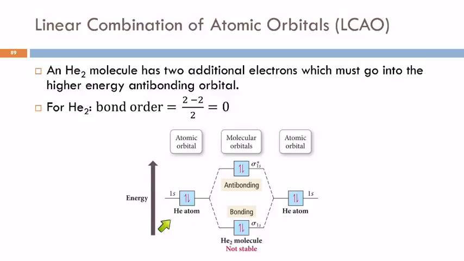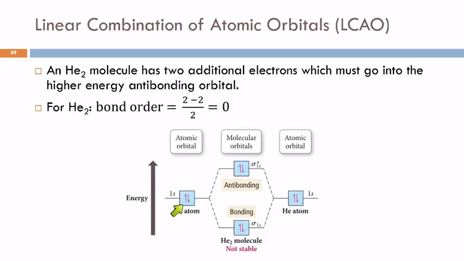So here's the helium atom. Its valence electrons are 2 valence electrons in the 1s orbital. And here's the other helium atom. And these 2 orbitals are going to combine, just like the other one did, linear combination of atomic orbitals. We're going to get a sigma 1s and a sigma star 1s. So the molecular orbitals look the same as they did for the hydrogen molecule.